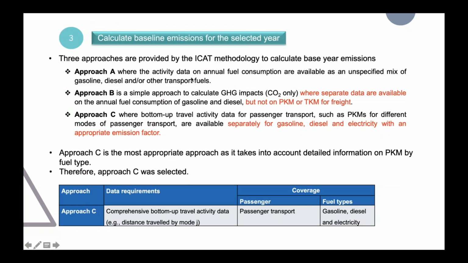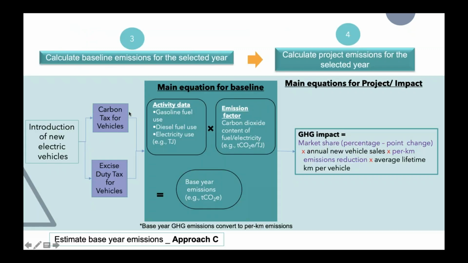So as Felix mentioned, there were 3 approaches to quantify the base year emissions, and we selected approach C, of course, because we had the information available to go for the comprehensive assessment by fuel type, and therefore we went for that option. I'm not going to explain in detail because Felix has already covered it.